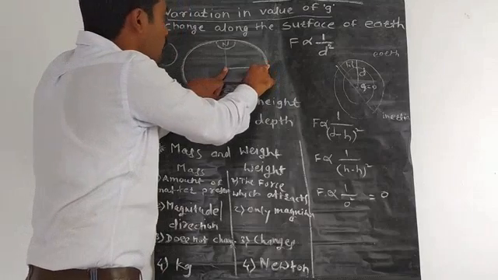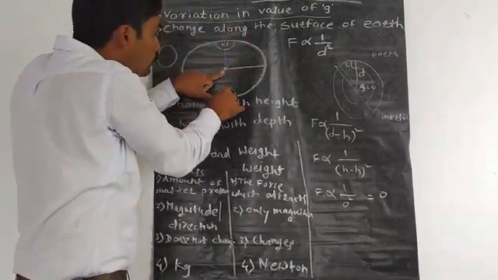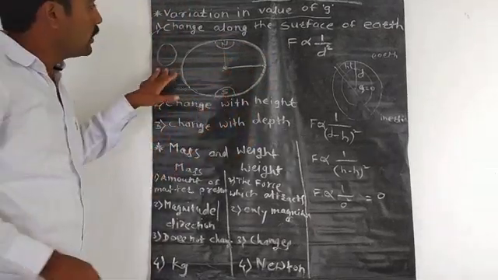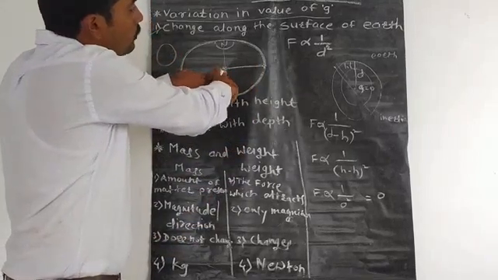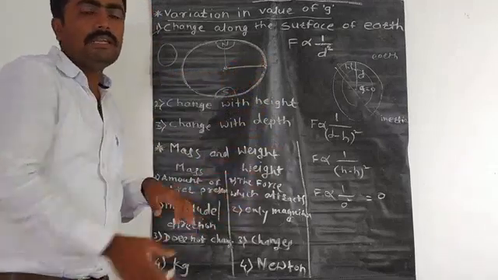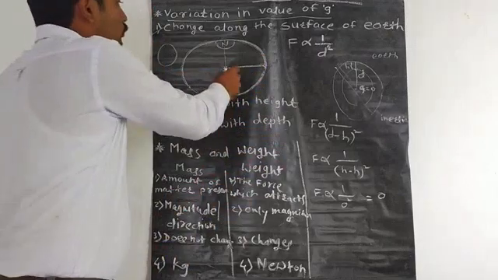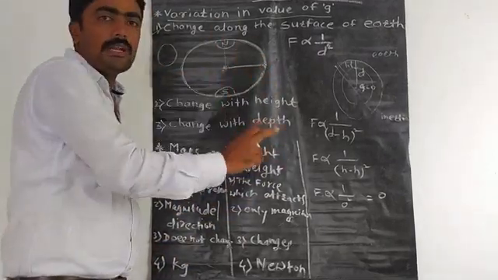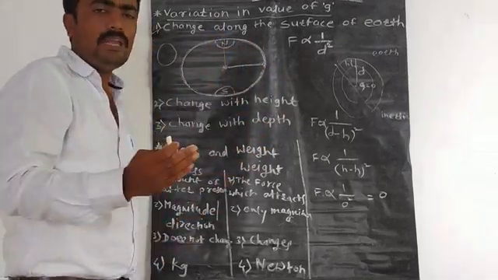The distance is maximum, and from the center of the earth to north pole or south pole the distance will be minimum. See students, as the distance is maximum from the center of the earth to the equator, then the gravity will be minimum. As the distance from the center of the earth to the equator is maximum, then obviously its gravity will be minimum.